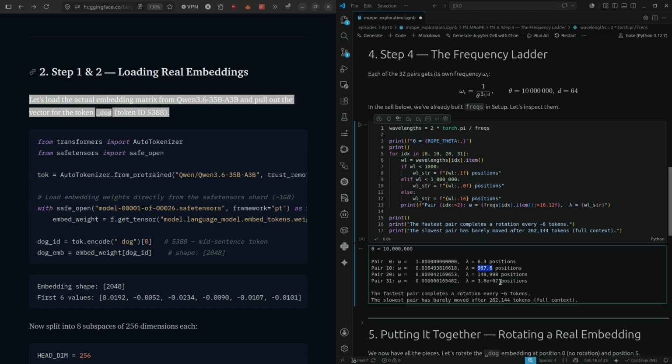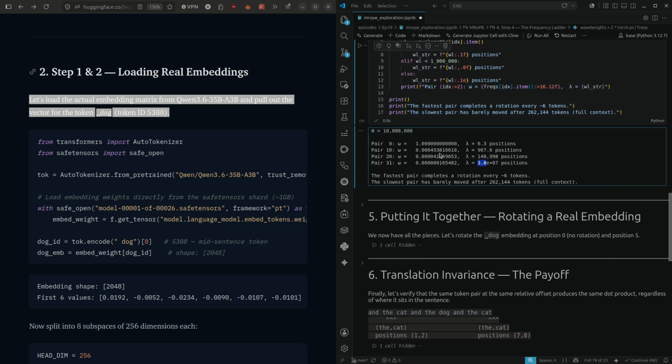And pair 31 takes this insane 3.8 to the power of 7. Okay. So that just shows you the way in which, imagine like a fan of chopsticks or something, and they're each moving a different amount. Some move a lot, the others move very little. Like a fan of cards or something like that.